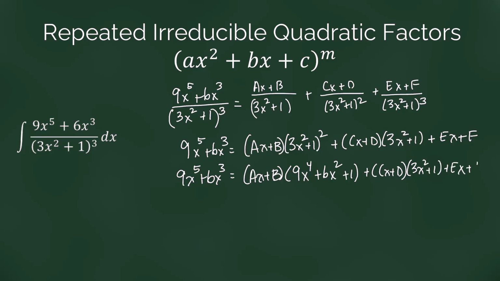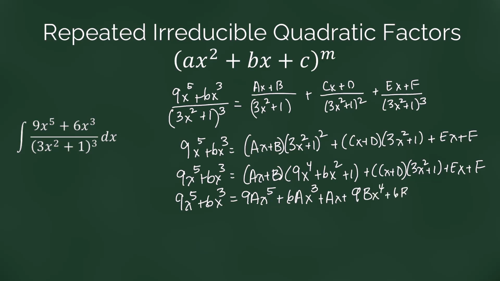I'm clearly going to have to write smaller on the next line to fit this all in. So this is going to give me 9a x to the 5th plus 6a x cubed plus ax plus 9b x to the 4th plus 6b x squared plus b.